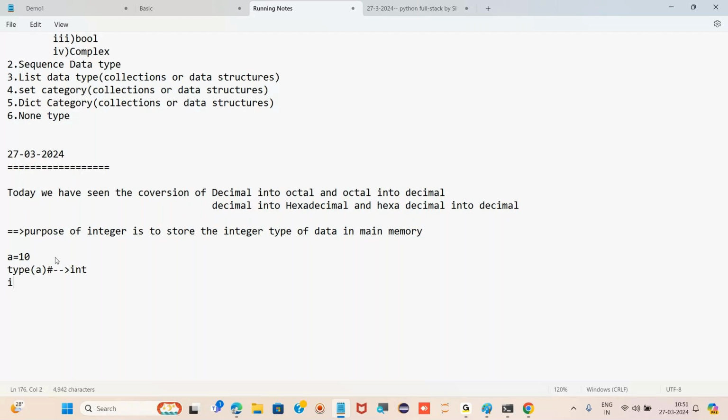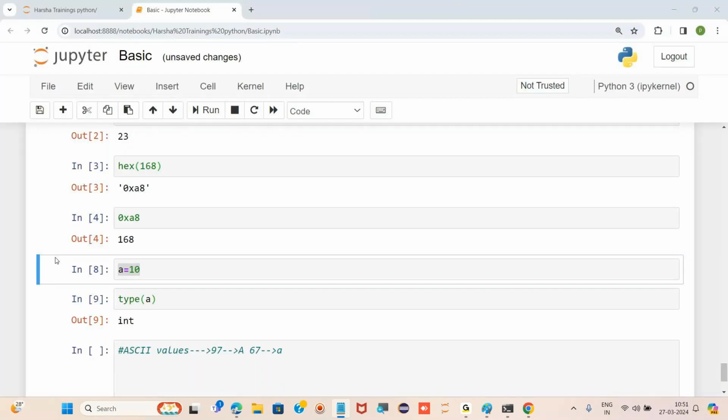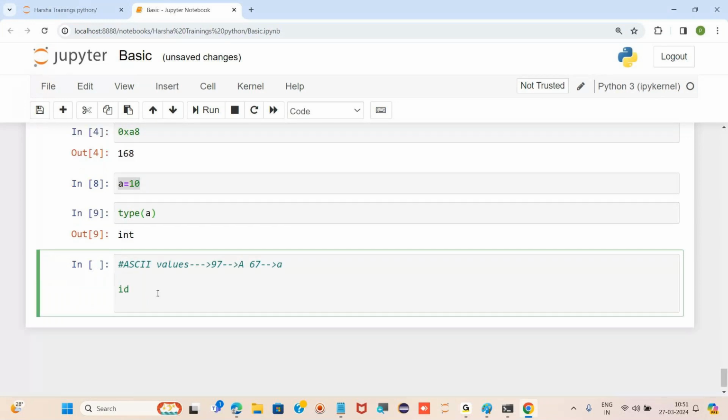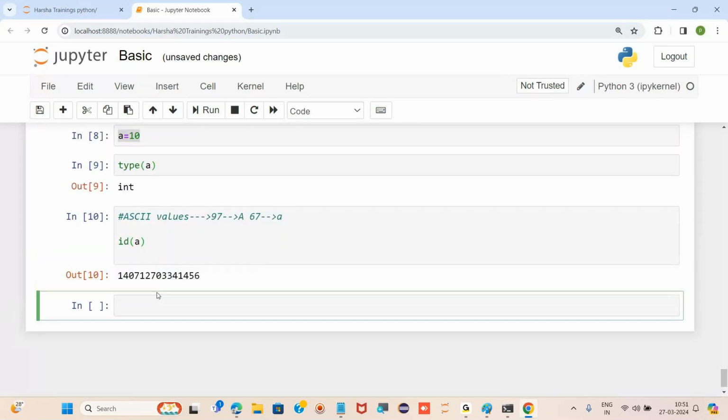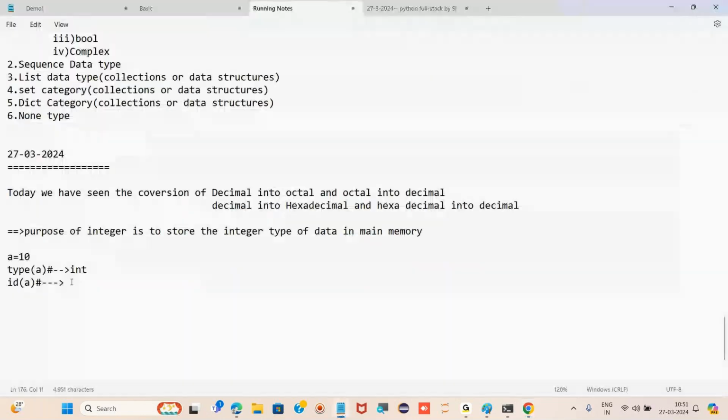If we write id of A, that should also give something. Id is nothing but an address. You can also call it an address.